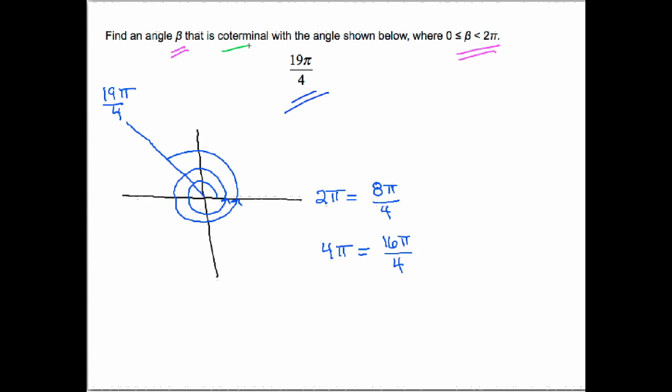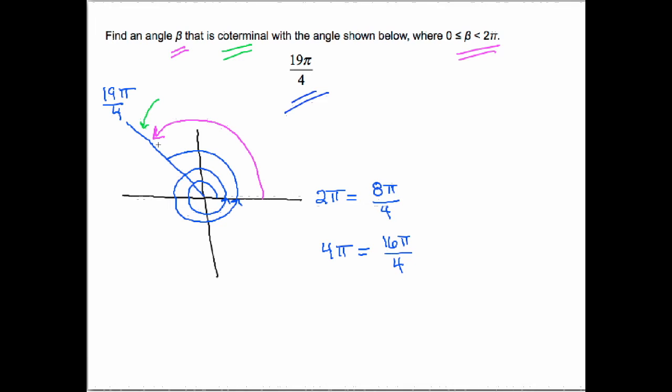Now coterminal means the two angles share the same side. But my angle beta must be a rotation from 0, and it could be 0, to 2 pi, but not all the way to 2 pi. So I want to rotate in a positive direction less than 1 complete revolution. So I would rotate, starting at the positive x-axis in the positive direction, to that terminal side. That's all we're doing. What is that rotation?